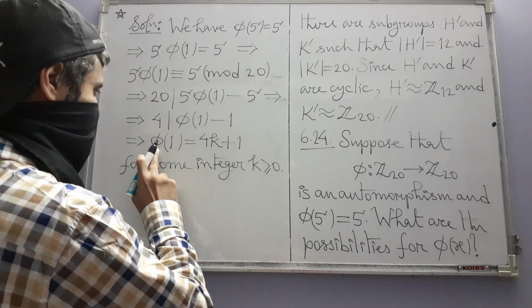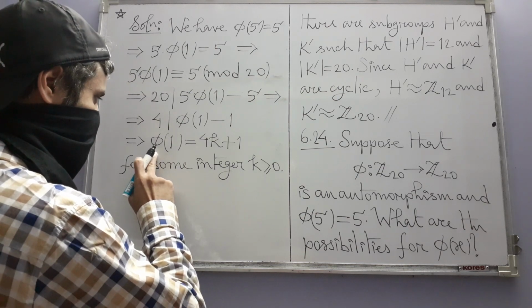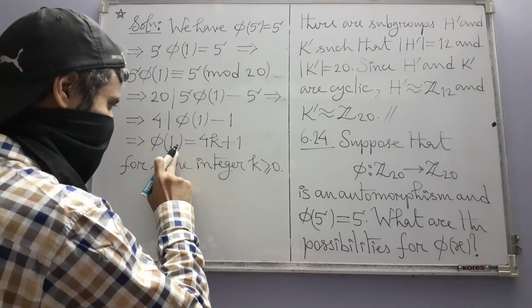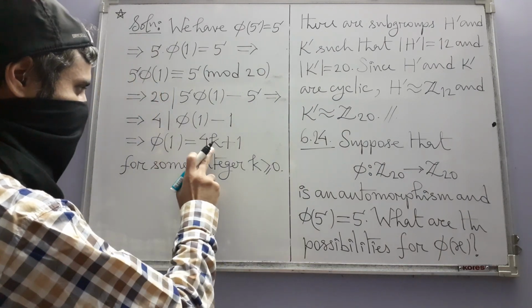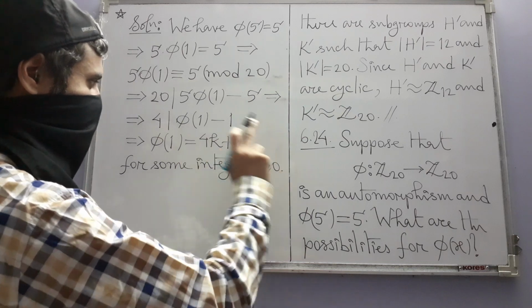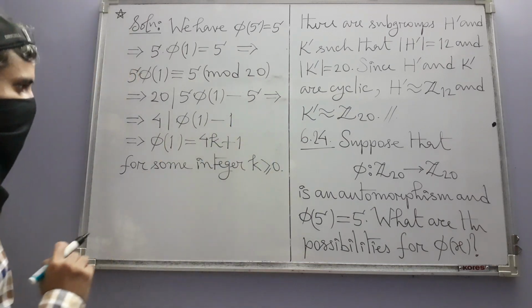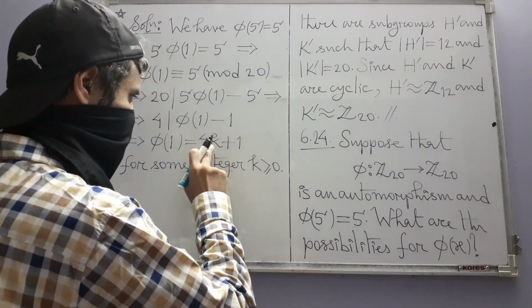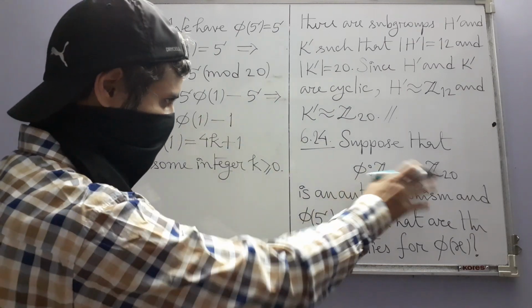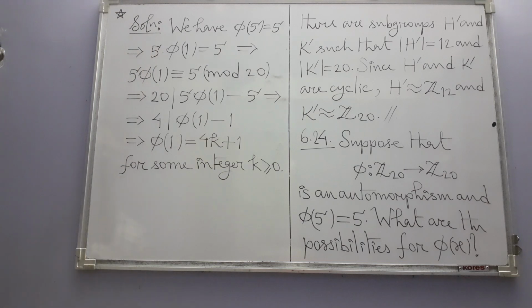And phi will map this generator to a generator again. So we cannot simply take any arbitrary 4k plus 1. Let us see for which values of k we get generators of Z20.